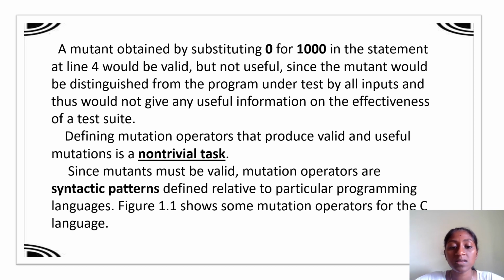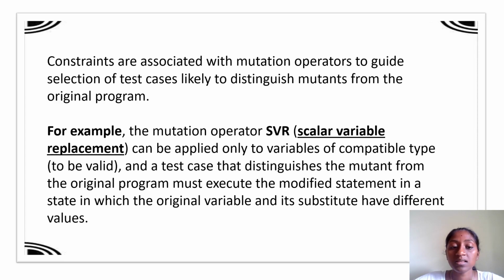Since mutants must be valid, mutation operators are syntactic patterns defined relative to particular programming languages. In the upcoming figure 1.1, it shows some mutation operators of the C language. Constraints are associated with mutation operators to guide selection of test cases likely to distinguish mutants from the original program.